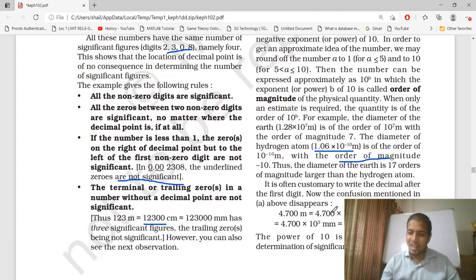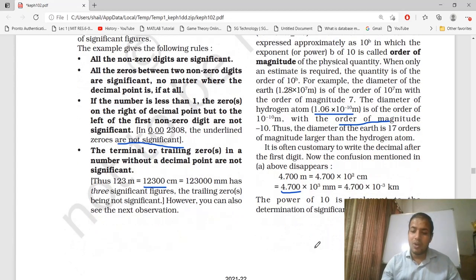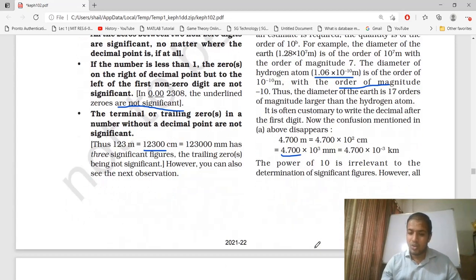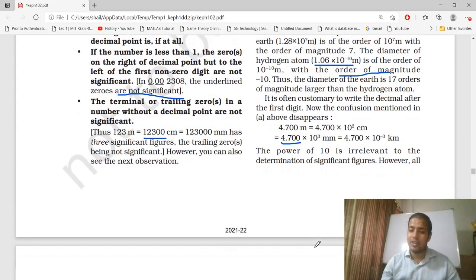In all these cases, whatever the power of 10 or the unit in scientific notation, the 10 to the power is able to absorb all the discrepancy. So in all these cases, we have four significant digits. The power of 10 is irrelevant to determining the significant figures.